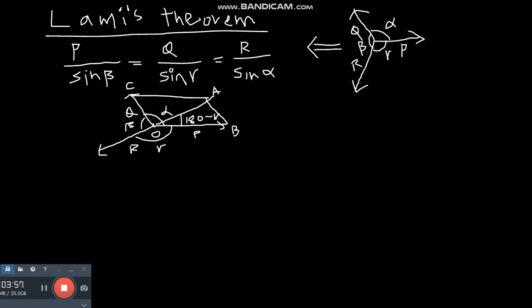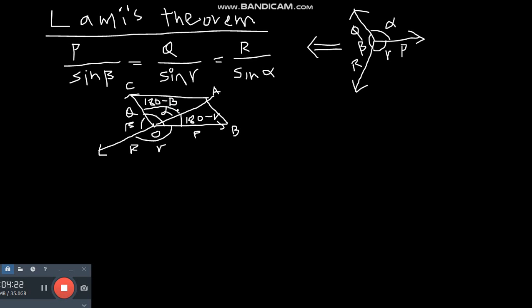Similarly here, this angle is 180 minus beta. This is beta and this is 180 minus beta.